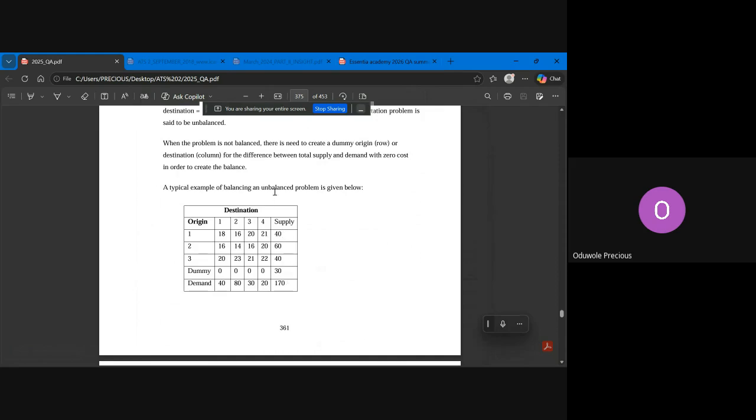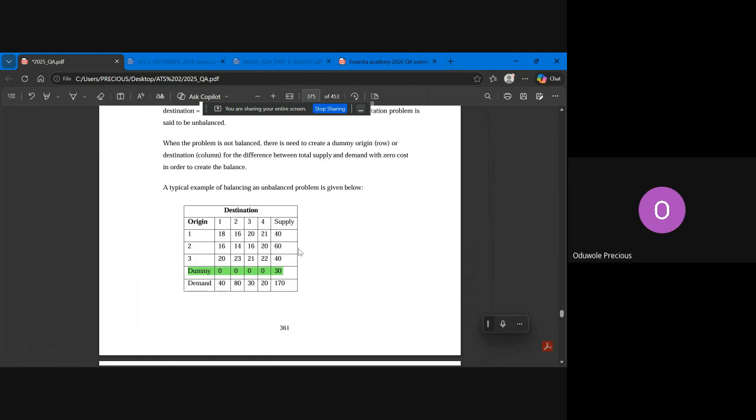Now, if you see this question, 40 plus 60 plus 40, this is 140, without thinking of the dummy, because the dummy was used to balance. So let us think of the other things first. So this is 140, then this is 50, 90, 90 plus 80, 170.